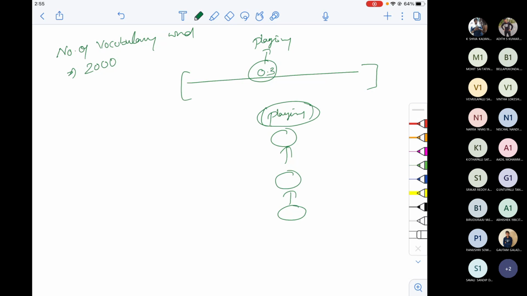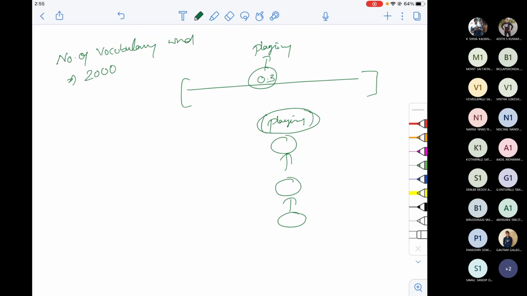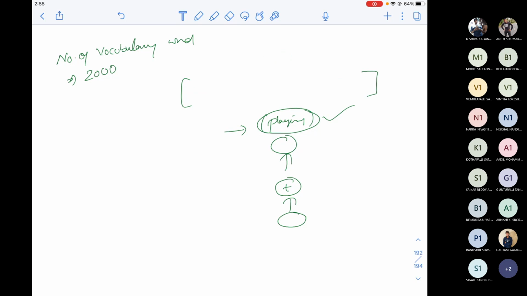This is very, very important, guys. What if my true word is playing? I expect at this particular timestamp t the word to be generated as playing, but assume that the highest probability 0.3 you got is not for playing, it's for running.